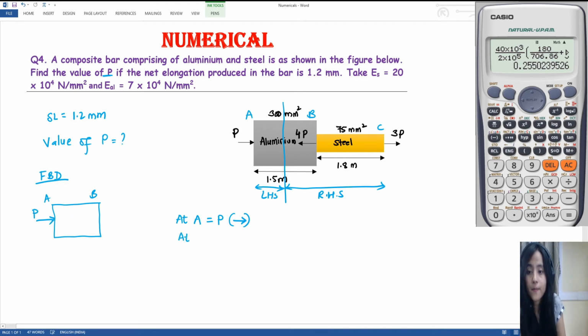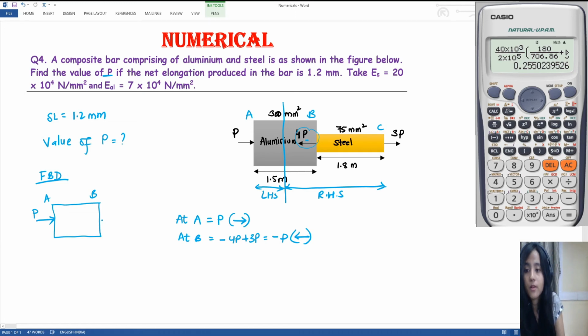So at B, I need to find the equilibrium force at this point. First I need to consider all the forces on the right hand side section. I have minus 4P going in the left hand side direction, then 3P plus 3P. So it comes to minus P, going in the left hand side direction.